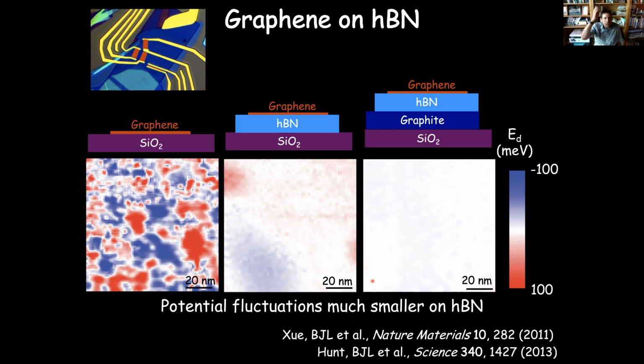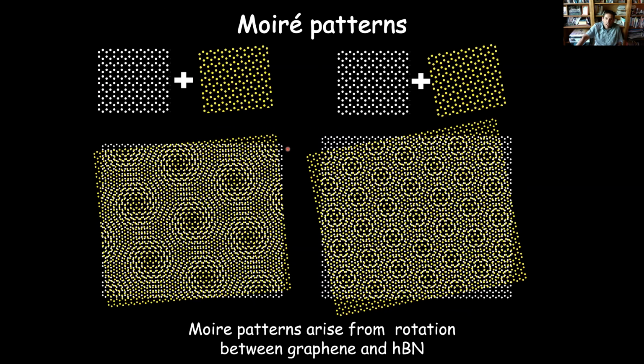If we go and look more closely, what we're going to see is Moiré patterns arise because of the mismatch in the lattice constants of the two materials. So we have our hexagonal boron nitride in white and our graphene in yellow, and we're going to put them on top of each other.